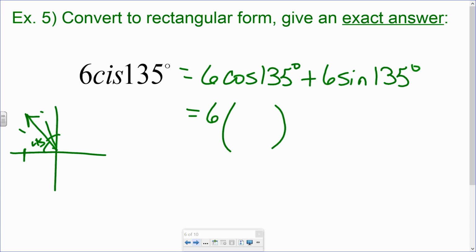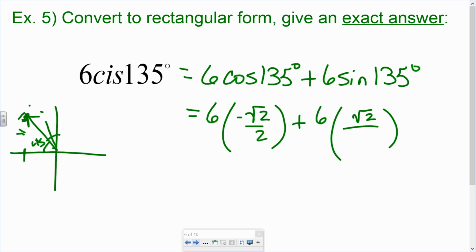Positive or negative? Negative root 2 over 2. And what about the sine of 135 degrees? What is that going to be, Gavin? I am still right here in the middle of the second quadrant. What is the sine when I'm there? A half's down here. It's this middle one. Positive root 2 over 2.